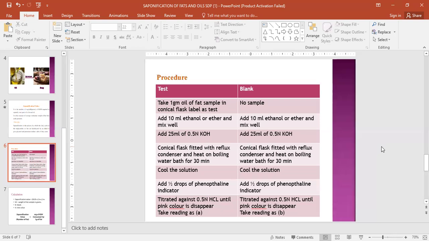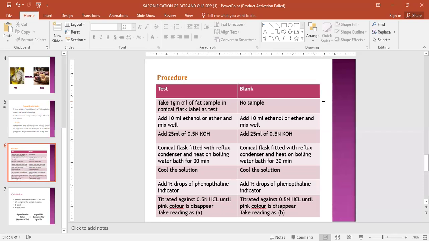That means we already added 25 ml of 0.5 normal KOH solution in both the conical flasks. So if 20 ml of HCl is required to neutralize the excess of the KOH present in the test sample, then 5 ml of the KOH is required to neutralize the free fatty acid which is formed by the hydrolysis.